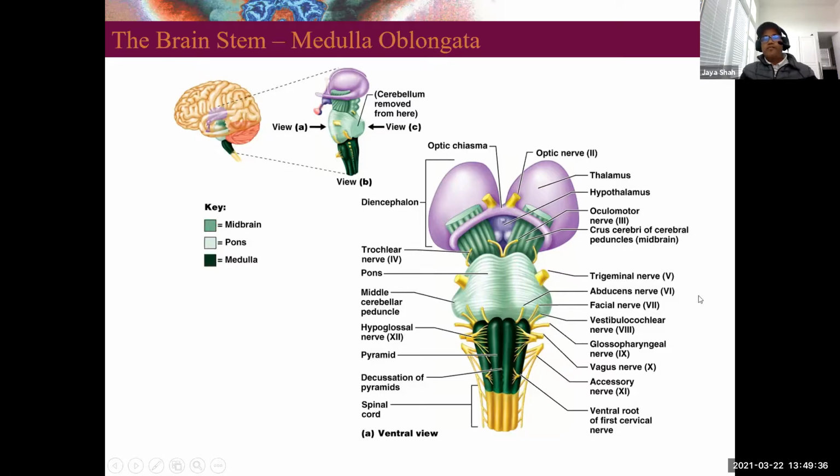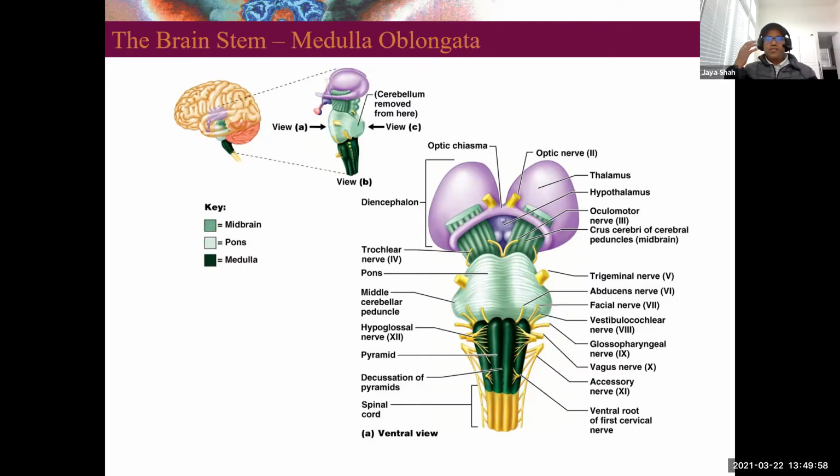Trigeminal is the fifth, and you have to remember the Roman numeral. Trigeminal has 3 branches: ophthalmic, maxillary, and mandibular. Ophthalmic controls your eye sensation and tear glands.